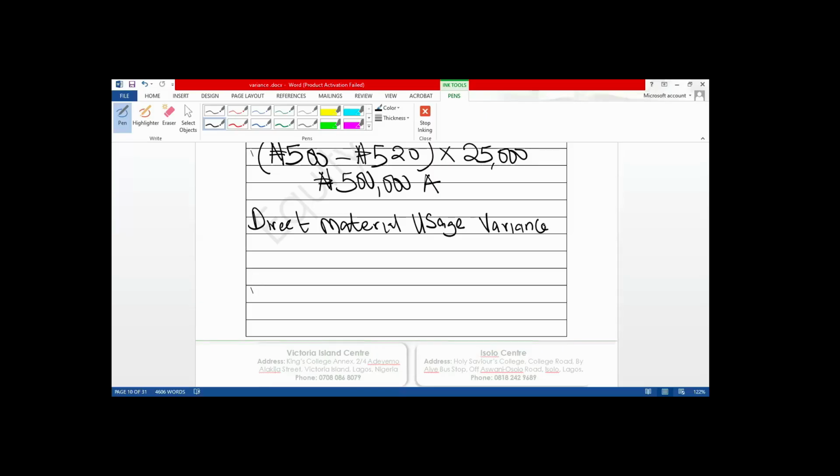Standard material for actual production minus actual material use, then multiply by standard material price.